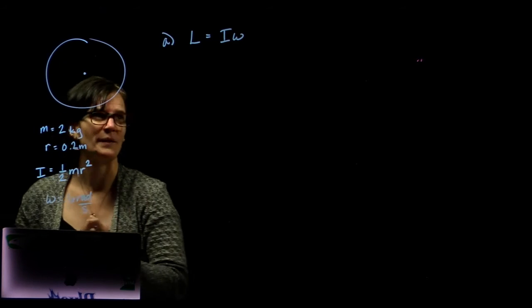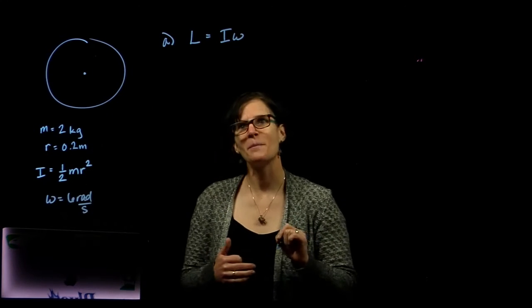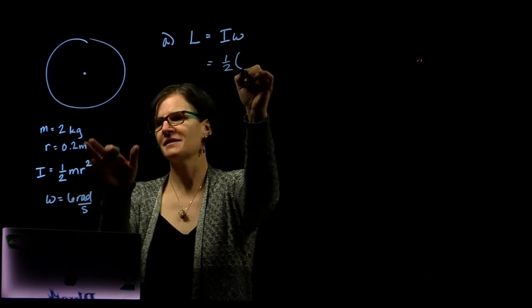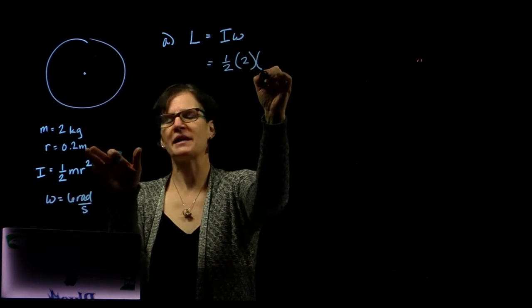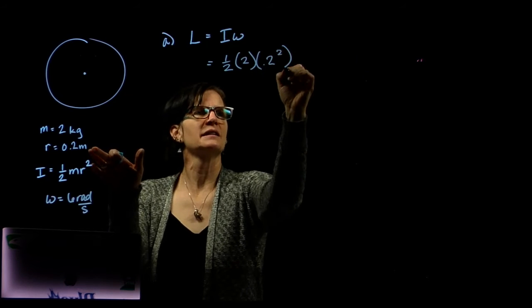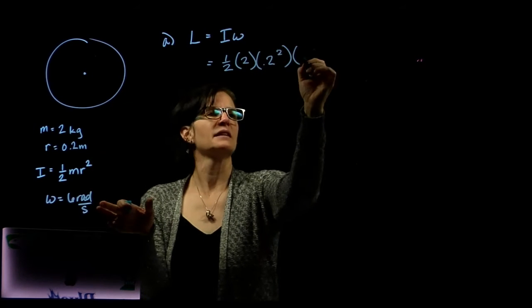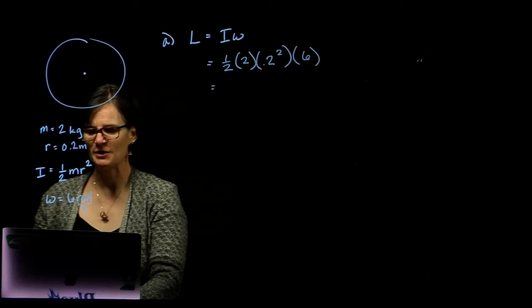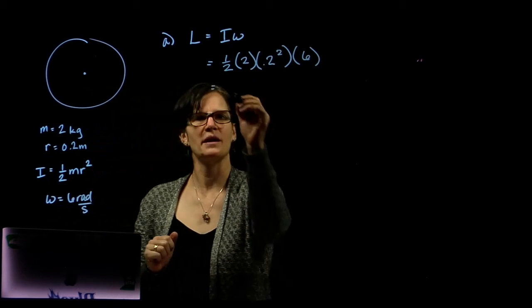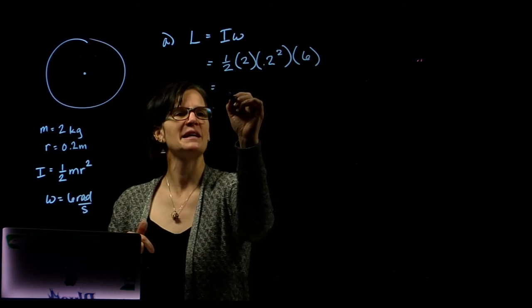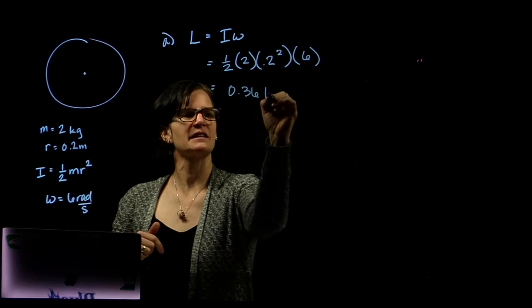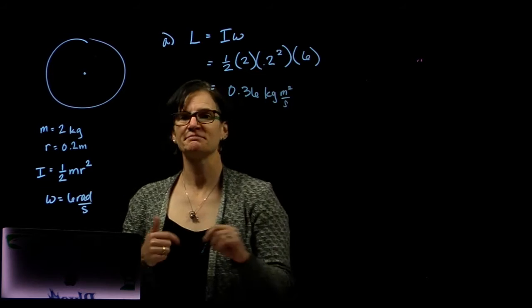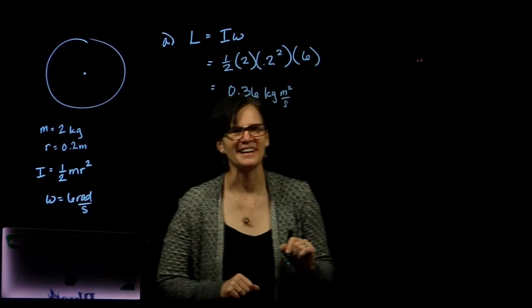So relatively straightforward part A. Its moment of inertia is 1/2 the mass, 2, times the radius, 0.2 squared, times its angular speed. When we do that, we find that the angular momentum is 0.36 kilograms times meter squared per second. Pretty straightforward.